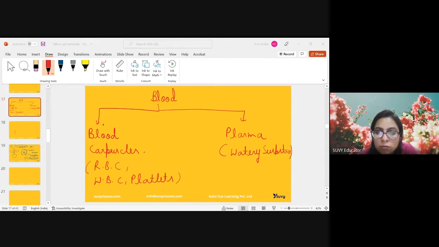So the white blood cell is a policeman of our body. It fights against the germs and every virus, every infection, so that you can recover from any infection or any fever.